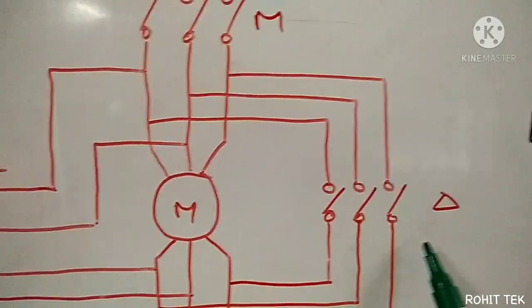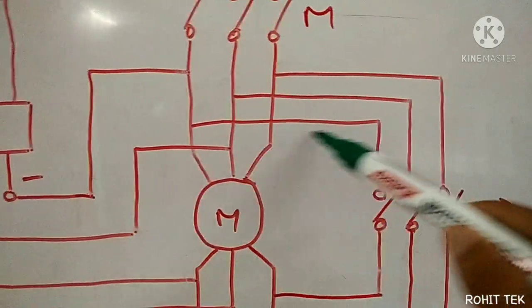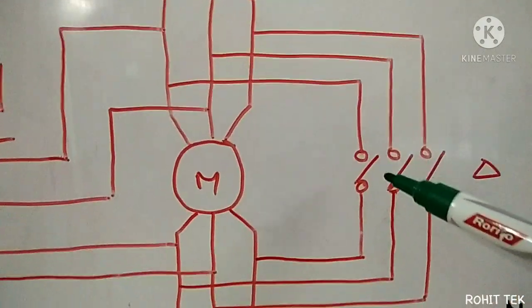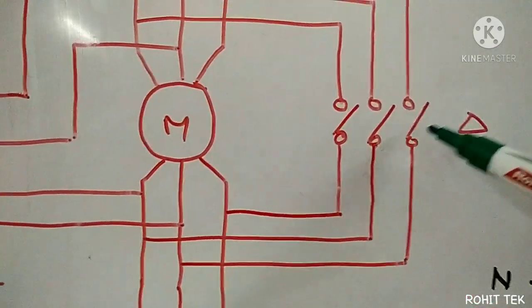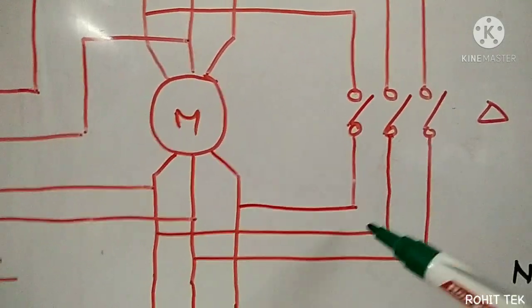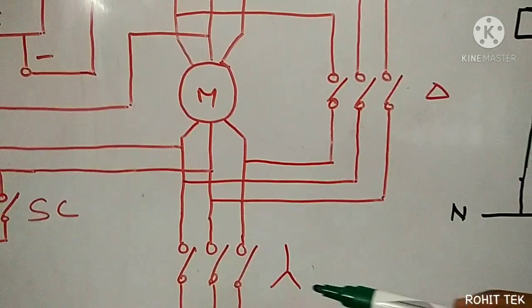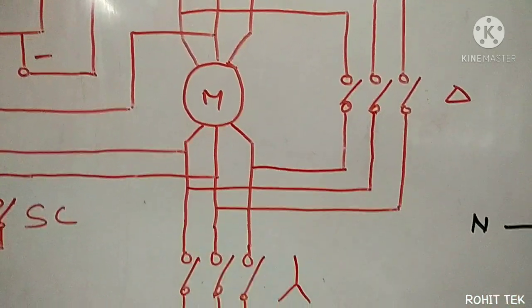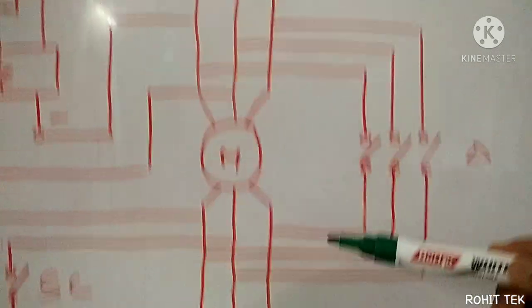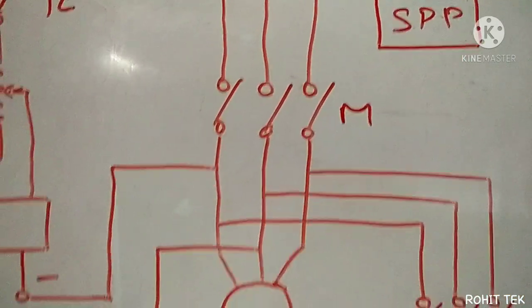To achieve delta configuration, I've taken the connections from here, and via the delta contactor, I've made the connections right here. So I've incorporated the delta contactor, the star contactor, and also the main contactor.